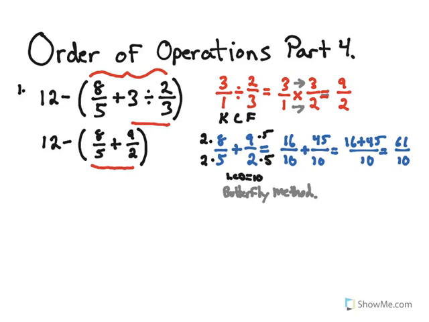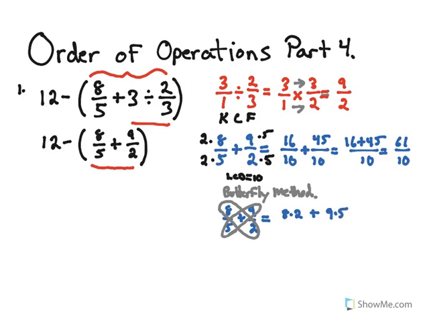We have 8/5 plus 9/2, and what we do is multiply these two together, so it'll be 8 times 2, and then since we're adding, we add 9 times 5, in that exact order.